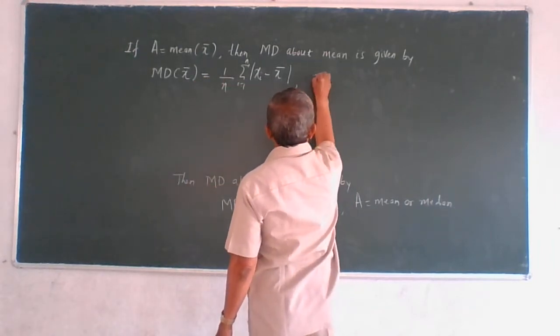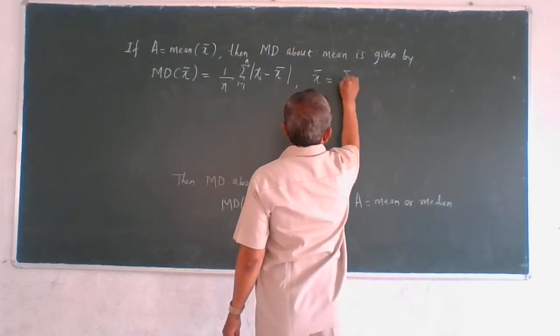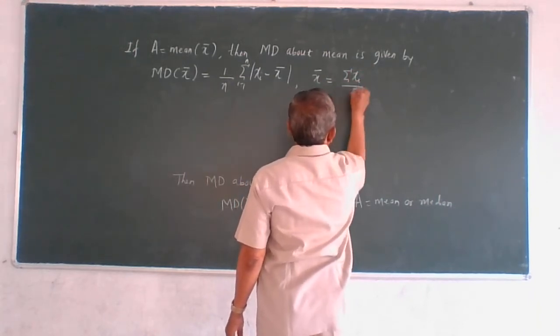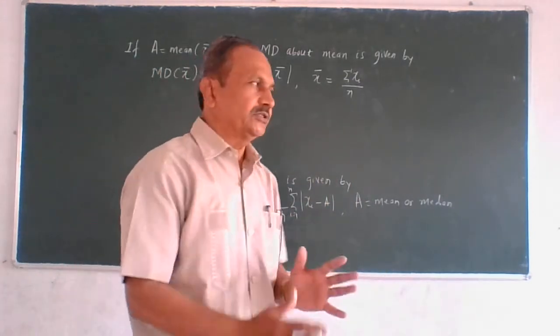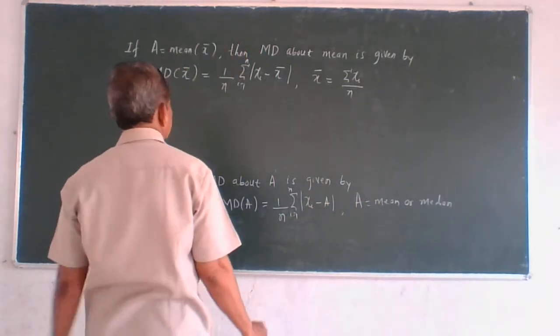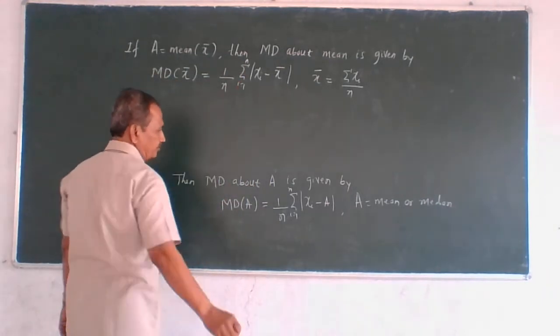Then how to calculate mean? X bar is the sum of observations divided by the number of observations, n.